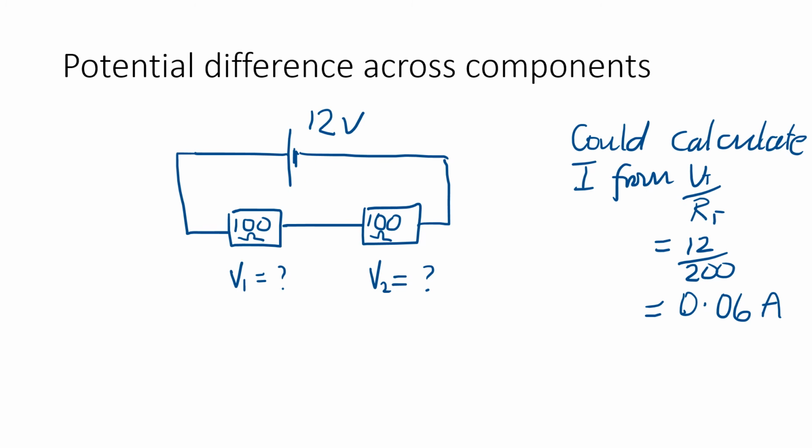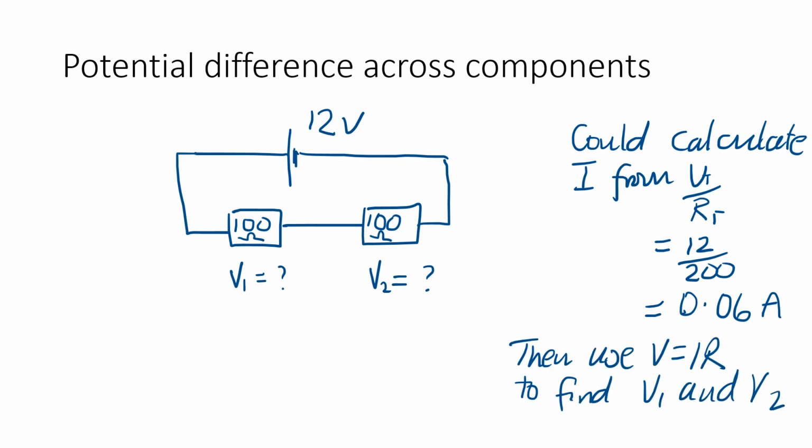So we could calculate the current from V total divided by R total. So that would be 12 divided by 200. So adding the two 100 ohm resistors together would give us a total current of 0.06 amps. We can then use V equals I times R to find V1 and V2.